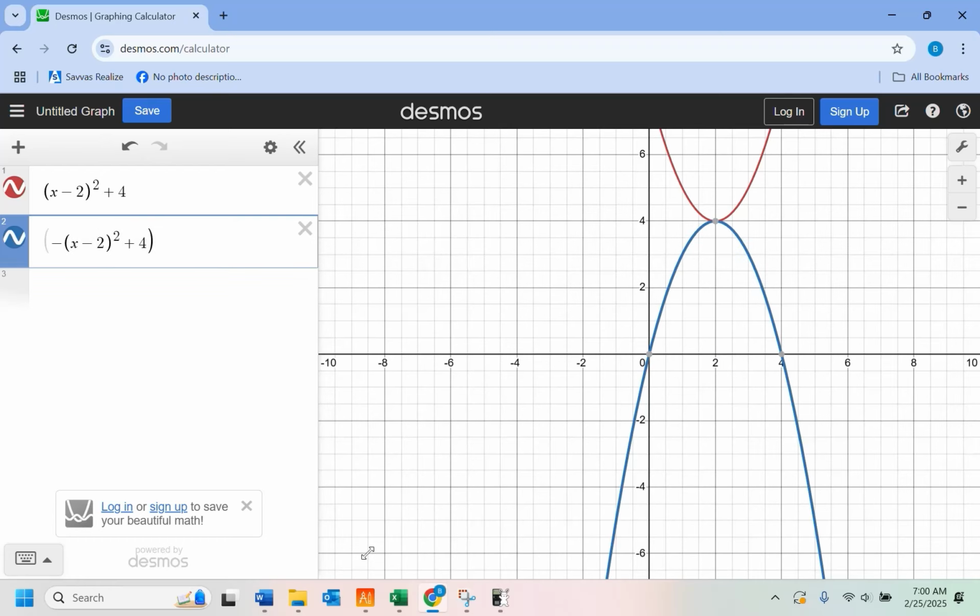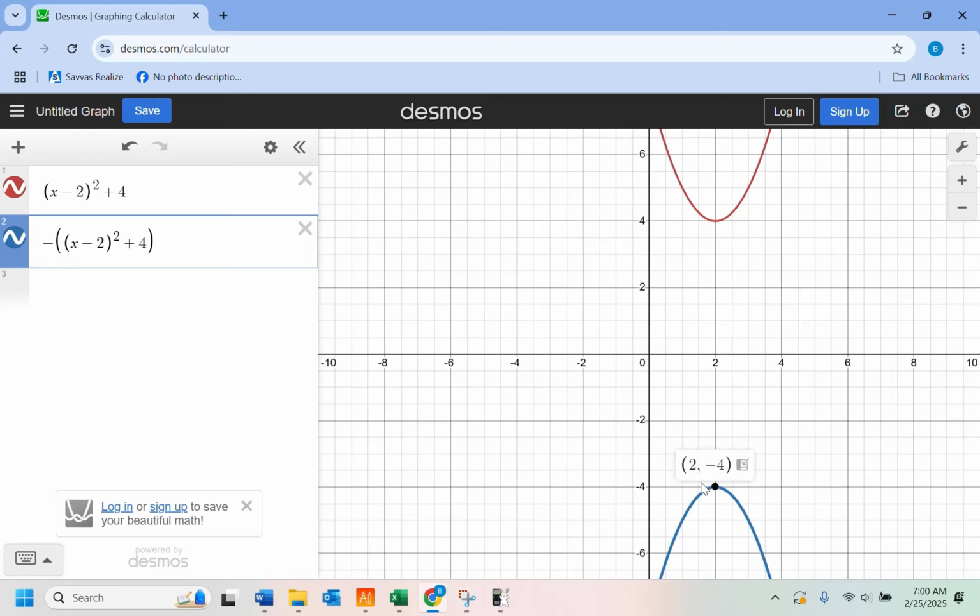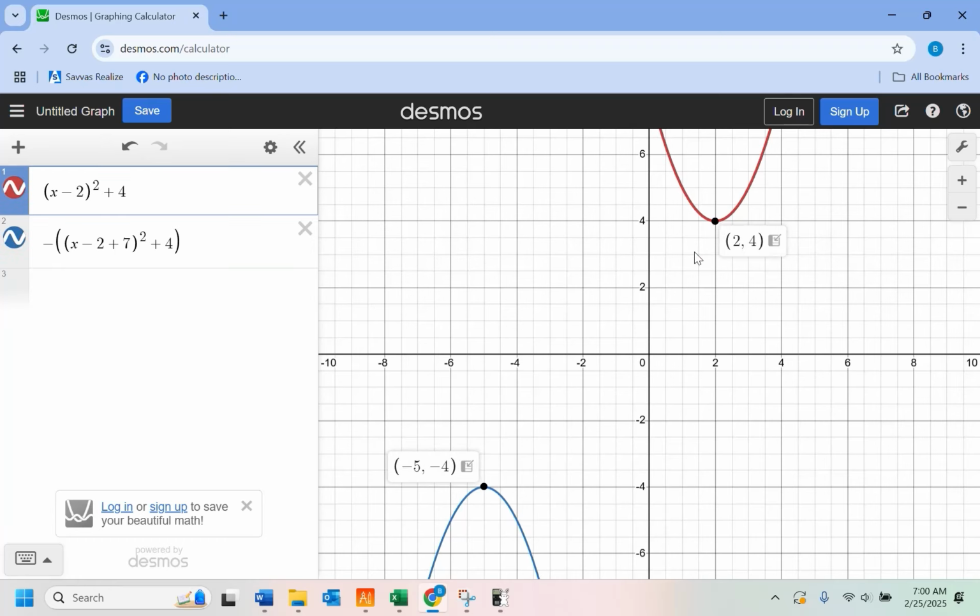So I took the whole thing and I wrapped it in a set of parentheses. I need to introduce one right here. And that would put me right here. Now, what else did I say happened? I said that I added 7 inside because I had to shift it left 7. And you'll see that those line up. That was the original. This is the new. That's how it was done. I negated the whole function and I added 7 to the interior. And that's transformations.